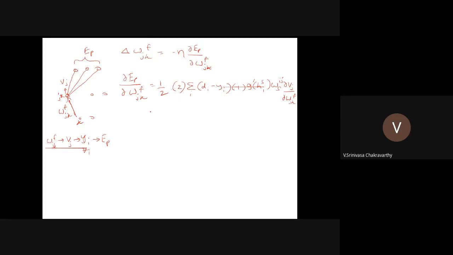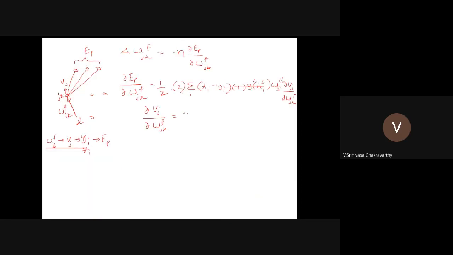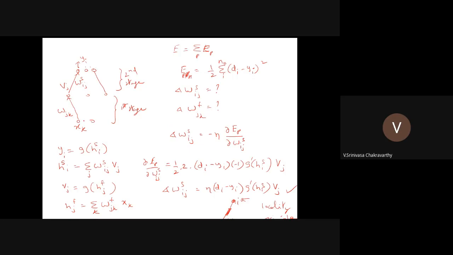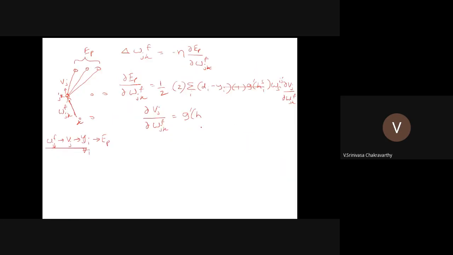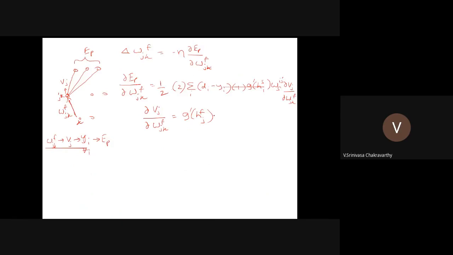If you take this expression, dou Vj by dou Wjk of F, so dou Vj is given by this. So this quantity by this quantity is equal to G prime of the H at this hidden layer, that's the jth hidden neuron. So Hj F times, to differentiate this with respect to Wjkf, that gives you xk.